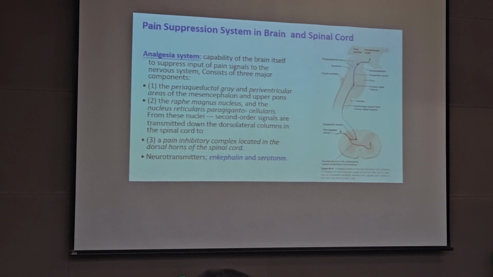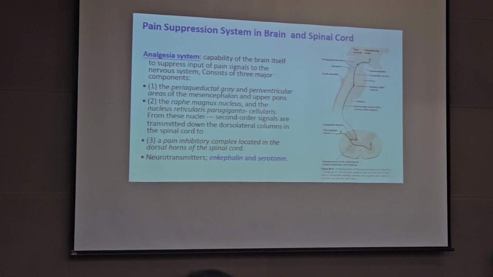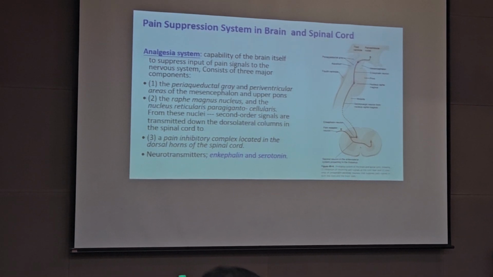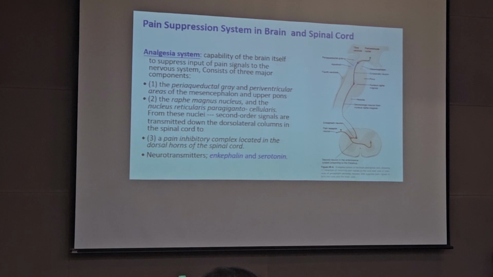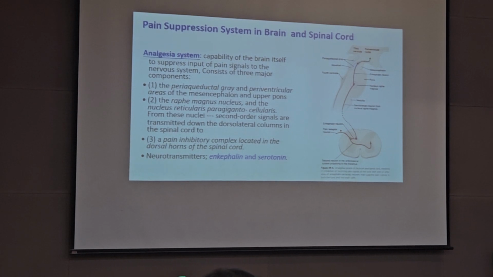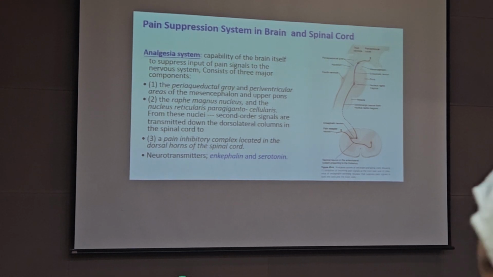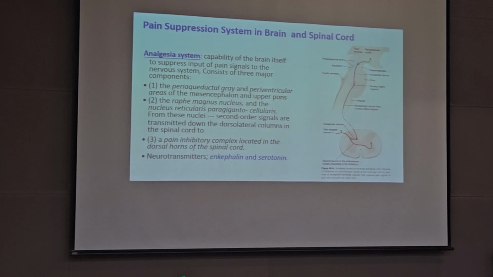You just add that A delta carries sharp or fast pain through the neo spinothalamic tract, and C carries slow pain through the paleo spinothalamic tract. The rest is everything the same.